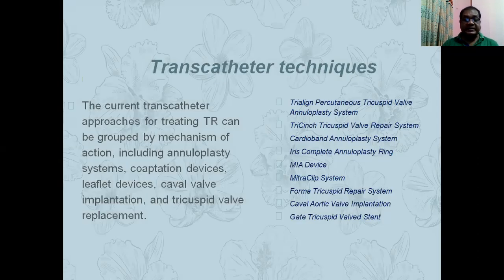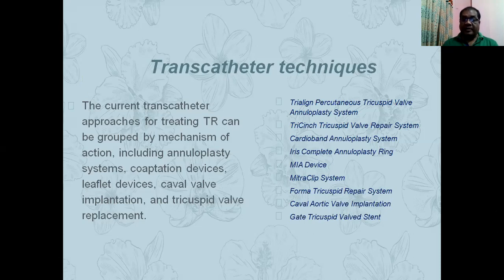There are a lot of transcatheter techniques. The current transcatheter approaches for treating tricuspid regurgitation can be grouped by mechanism of action, including annuloplasty systems, coaptation devices, leaflet devices, caval valve implantation, and tricuspid valve replacement. There are a lot of ways of treating, and a lot of devices also: TriAlign percutaneous tricuspid valve annuloplasty system, TriCinch tricuspid valve repair system, Cardioband annuloplasty system, Iris complete annuloplasty ring, MIA device, and the MitraClip system, which is also useful in the tricuspid valve.